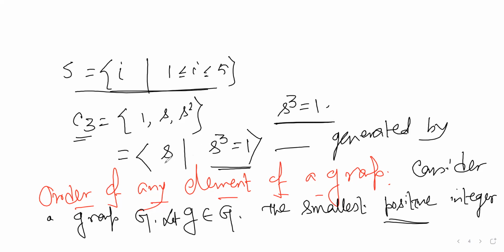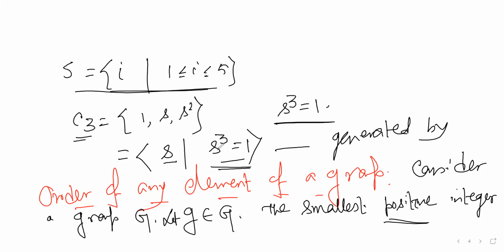So C3 is generated by S and S satisfies some conditions. What are the conditions? I have to write down all conditions in the right hand side. Left hand side, I write down all the generators, and right hand side, the conditions or the relations satisfied by the generators. That is the way to write a group properly, right? Like a set builder form. Okay. So here C3 is generated by S and S satisfies the condition S cube equals to identity.